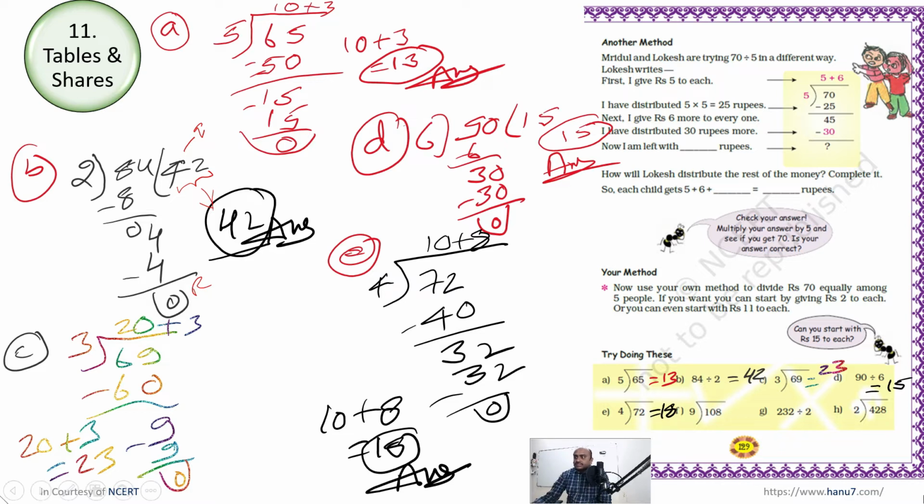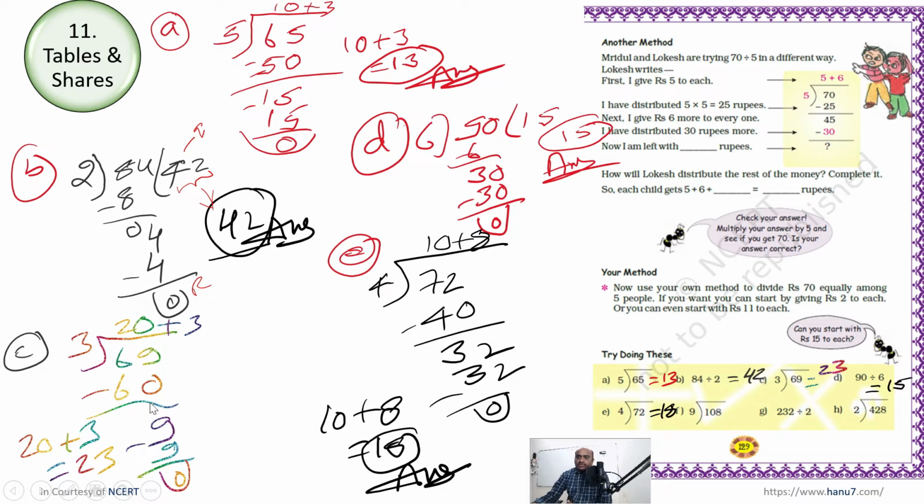Now the C bit. In question number 3, part C, he gave 69 divided by 3, but we have to follow the method given in the textbook. For that, first I wrote 20 because I would like to go up to nearest to 60. I know 3 into 20 is 60.